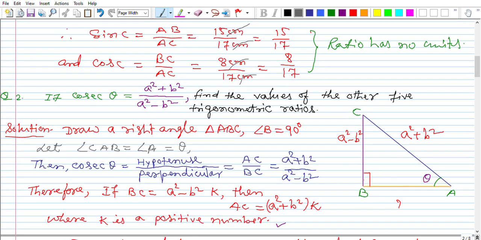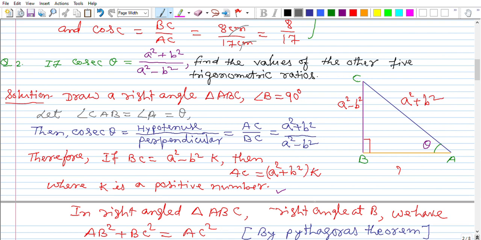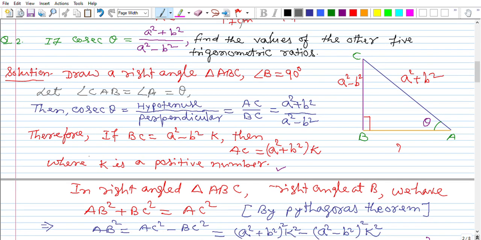Then cosec theta is hypotenuse by perpendicular, AC by BC. Therefore, if BC equal to a square minus b square times K, then AC equal to a square plus b square times K, K as a positive integer. You can take it. In ratio, we have done so many questions on the basis of taking the K. So now come to the point.